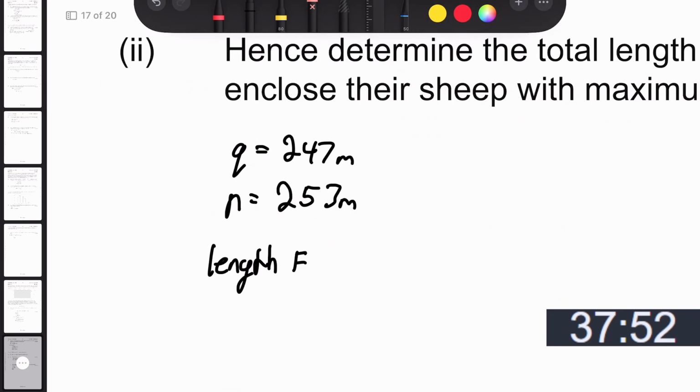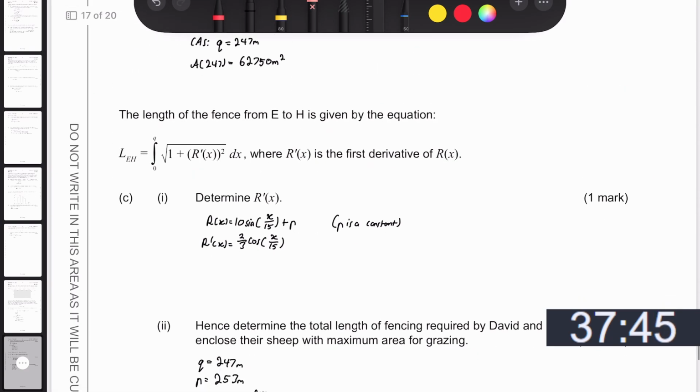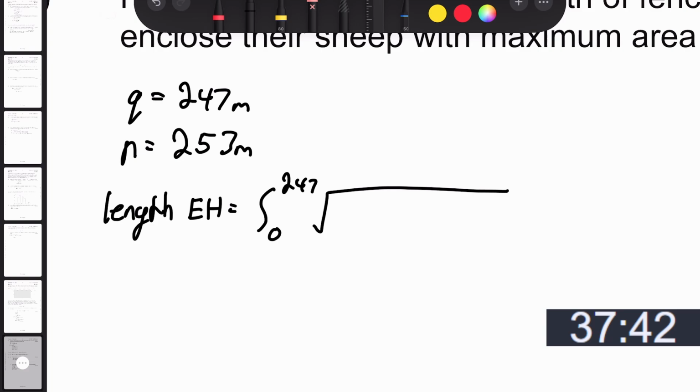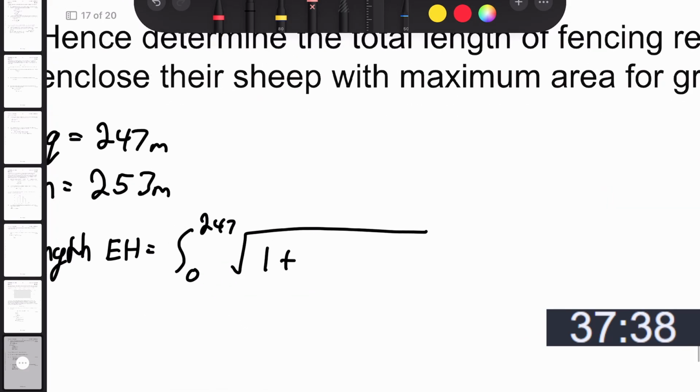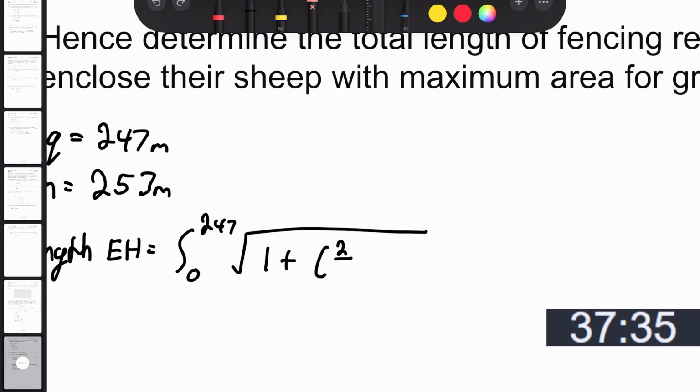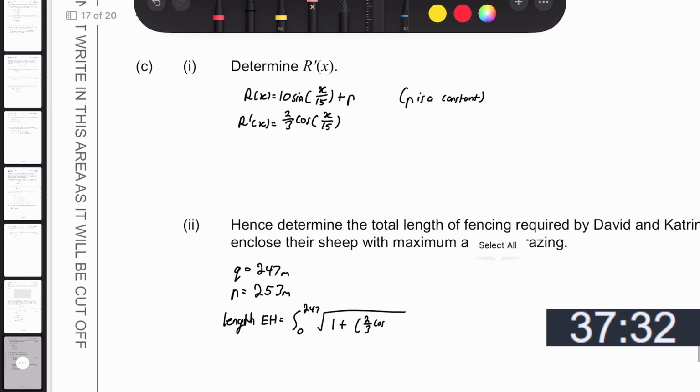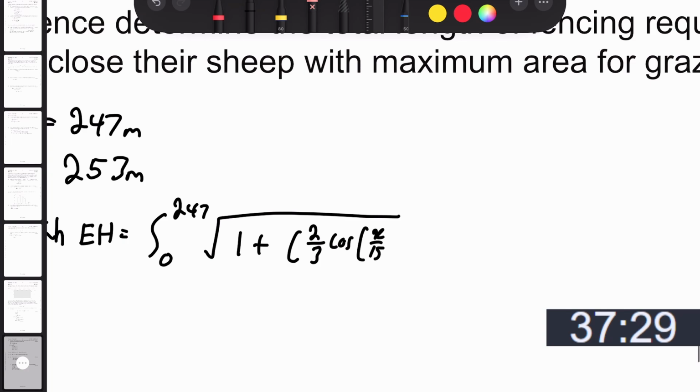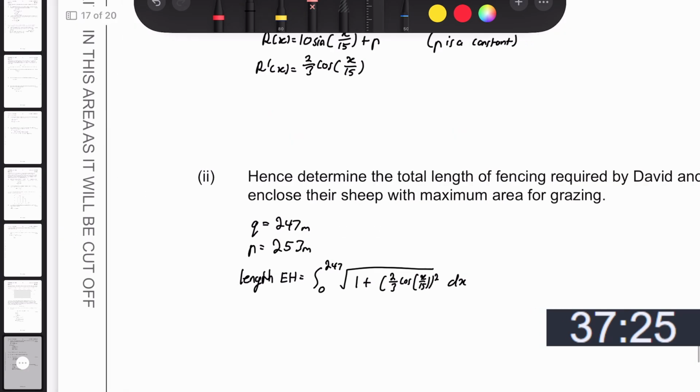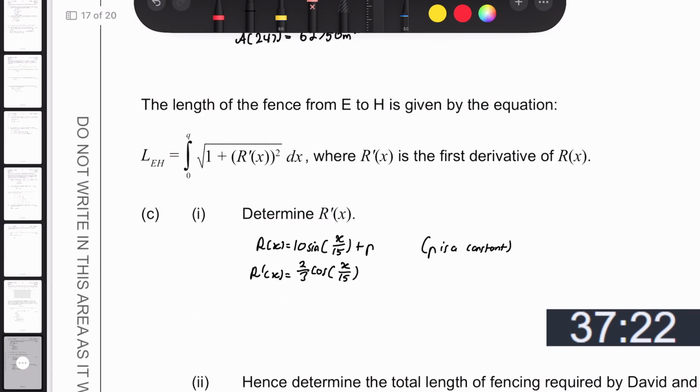EH is equal to the integral from 0 to 247 of the square root of 1 plus 213 cosine of x on 15 squared dx, which is equal to the integral from 0 to 247 of the square root of 1 plus brackets 203 cosine of x on 15 squared dx.